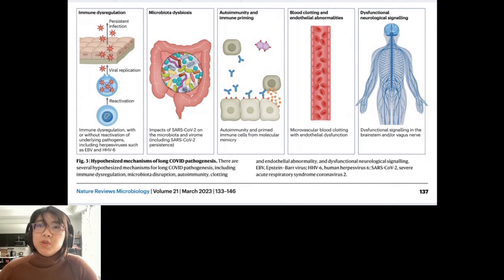It impacts multiple organ systems. At least 65 million individuals worldwide are estimated to have long COVID, and the cases are increasing daily. The pathophysiological mechanisms of long COVID are quite complex, and it's listed in this paper that my co-founders co-authored and published in Nature Reviews not too long ago.